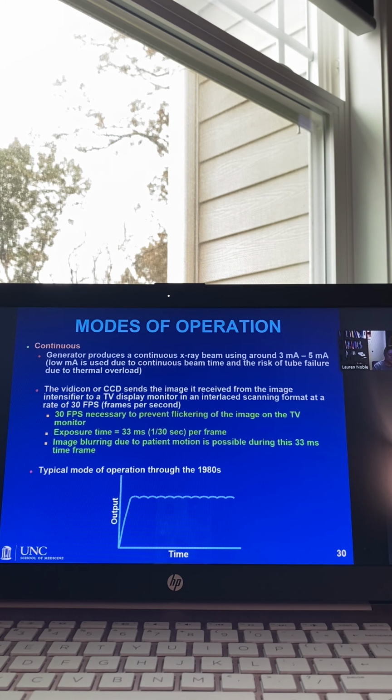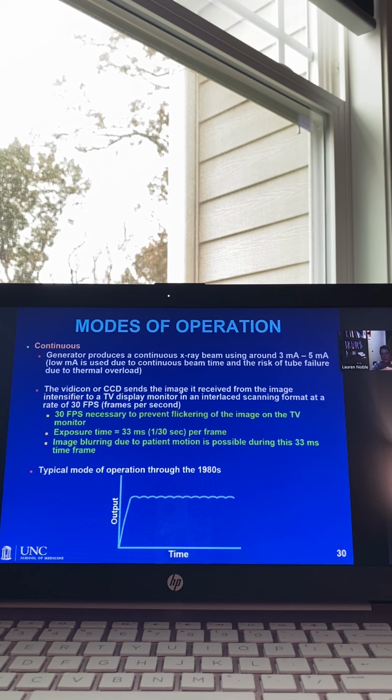Okay. Now, with older fluoro units, when that power supply would come in, the generator would operate in continuous mode. And what that means is whenever the radiologist had their foot on the foot pedal, or they were pulling the finger switch for the fluoro, the X-ray beam was continuously on.